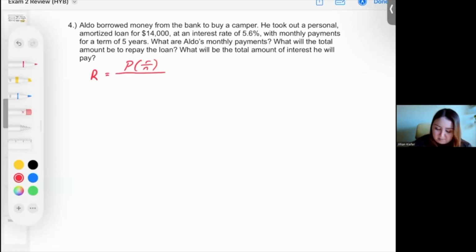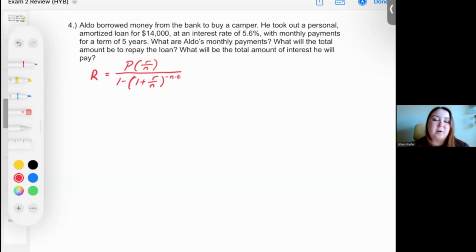Then we divide by 1 minus 1 plus our rate divided by the number of payments per year, with the exponent of negative n times t, so negative the number of payments per year times the number of years. So this is our equation for our monthly payments.